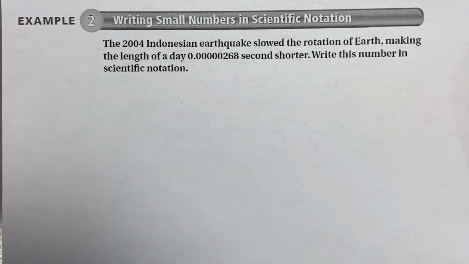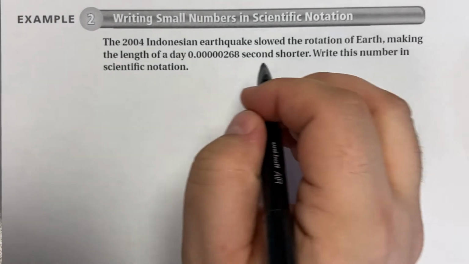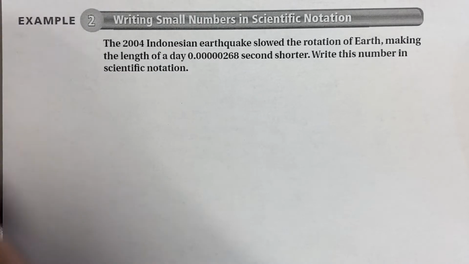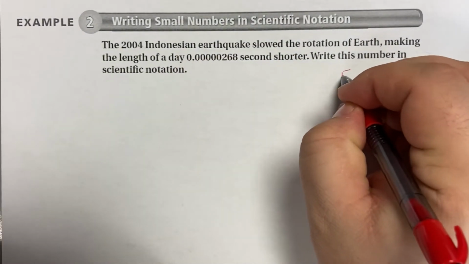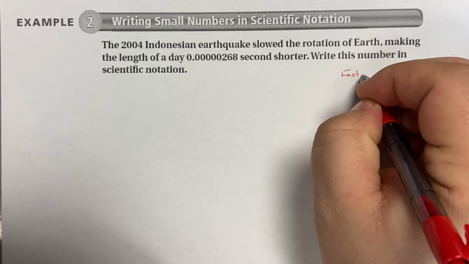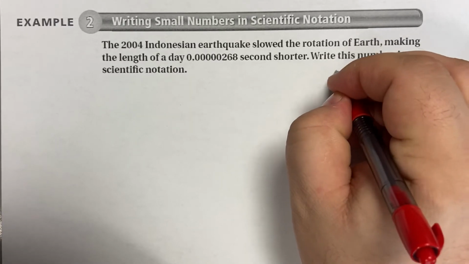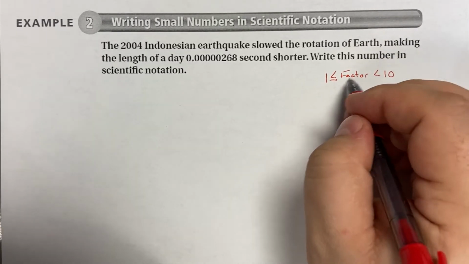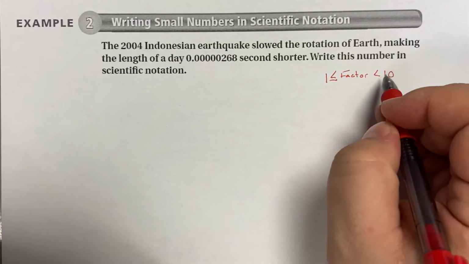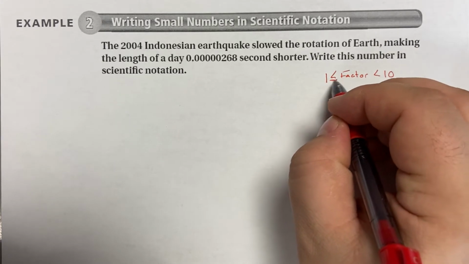I'm going to use my red pen here, because if you remember, we're going to take this number and turn it into scientific notation, so we need to move this decimal place because our factor needs to be between 1 and 10. It can equal 1.